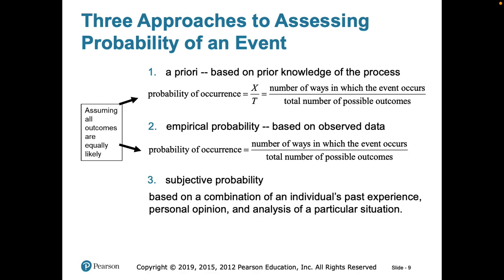We can also have the empirical probability, and that is based on observed data. The probability of occurrence is the number of ways in which the event occurs divided by the total number of possible outcomes. And then you have the subjective probability, and that is based on a combination of individuals' past experience, personal opinion, and analysis of a particular situation.